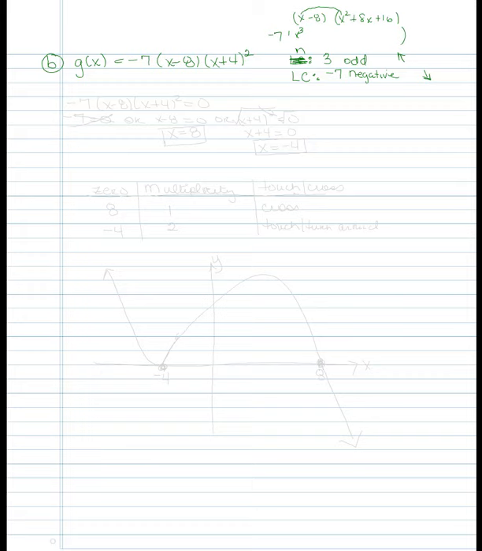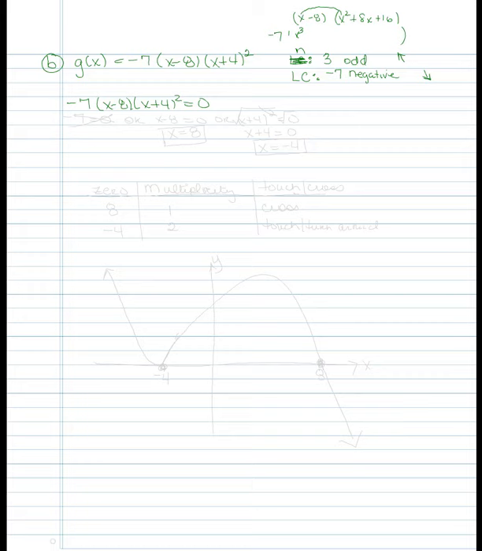Now let's find the zeros. This is where we're going to set our equation. This g of x, we're going to set equal to 0. You're saying -7 times x minus 8 times x plus 4 squared is equal to 0. There's no need for you to multiply this and then factor it.